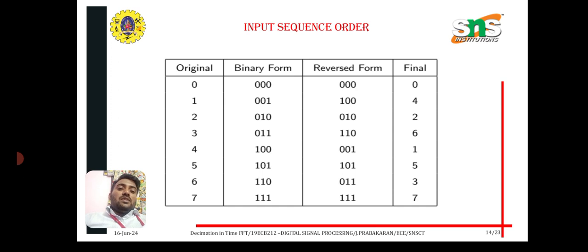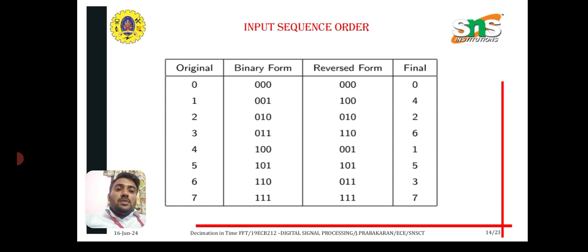The binary form of 7 is 111. Just write the reverse order of this binary form. For example, the reverse order of 001 is 100. What is the decimal value of 100? It is 4. This is the bit reversal order.